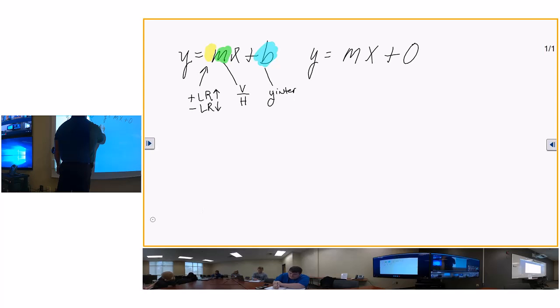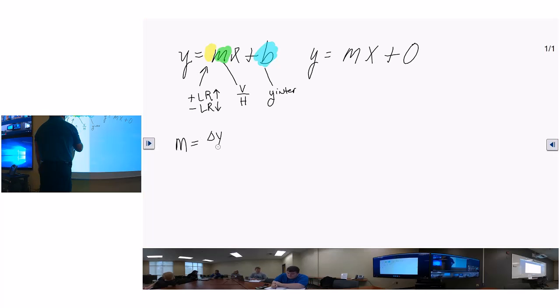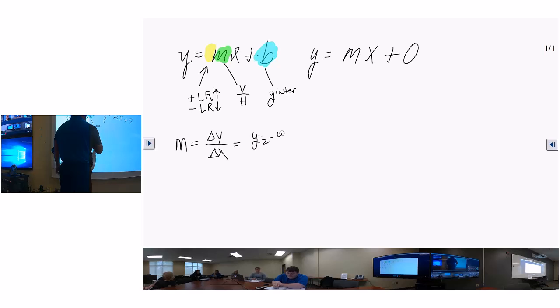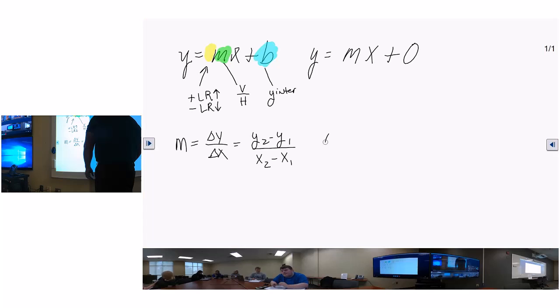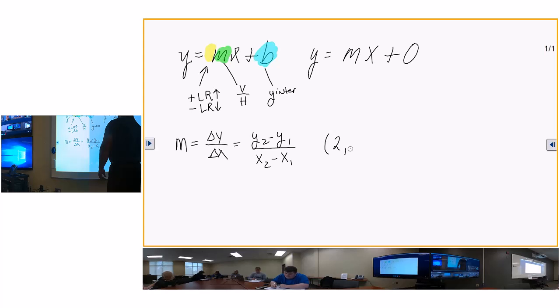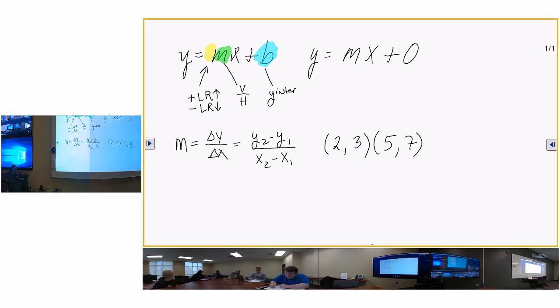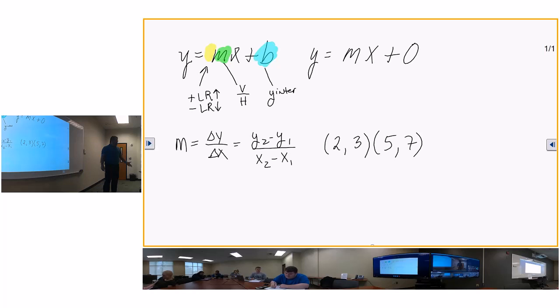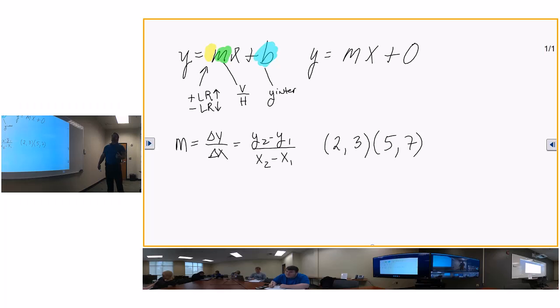Now, sometimes you have to calculate the slope. m is equal to delta y over delta x, which is equal to y sub 2 minus y sub 1 over x sub 2 minus x sub 1. If I give you 2 points, or you get 2 points on a line, which way do we read? That's not rhetorical, I'm asking y'all to interact with me.